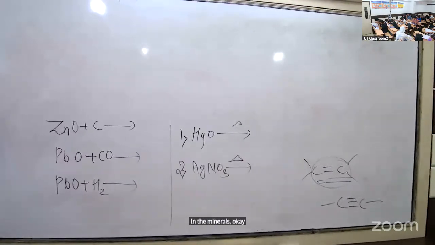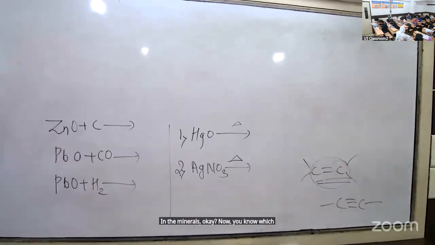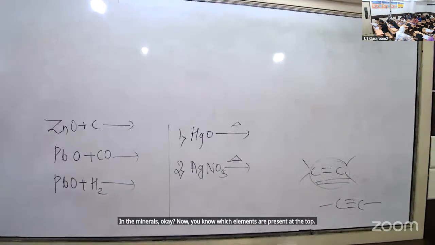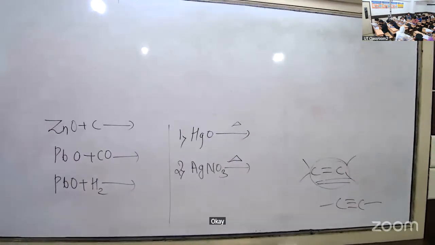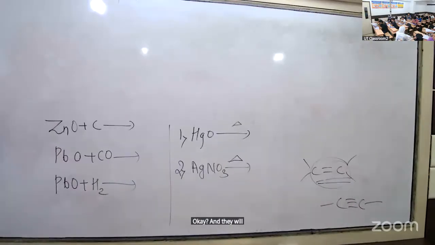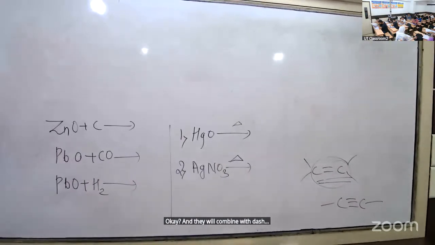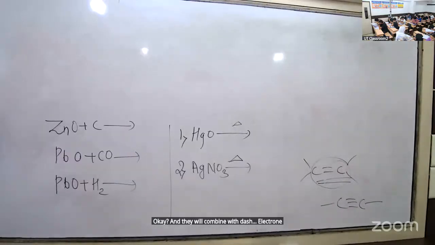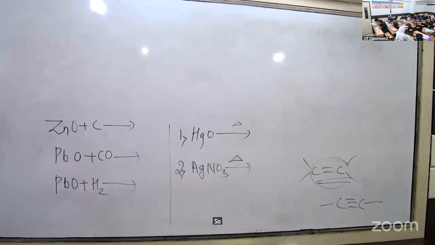Okay, now you know which elements are present at the top. And they will combine with dash electronegatives.